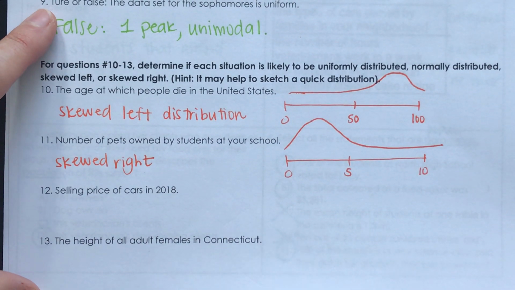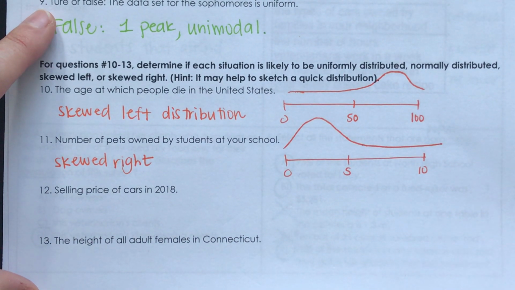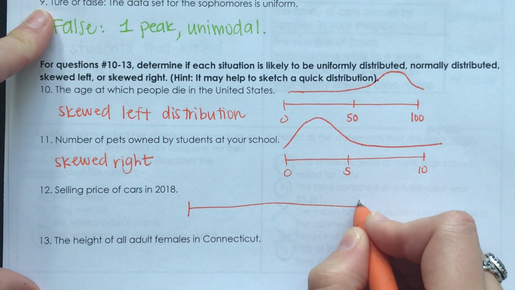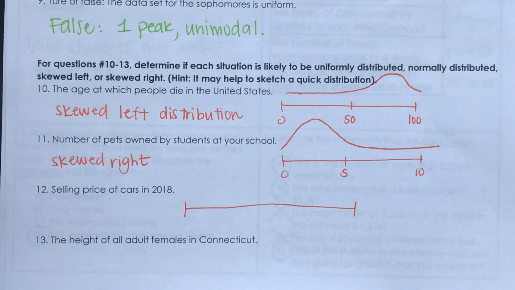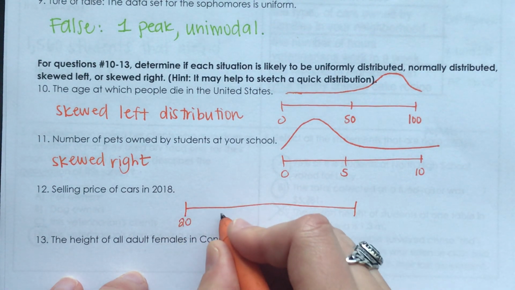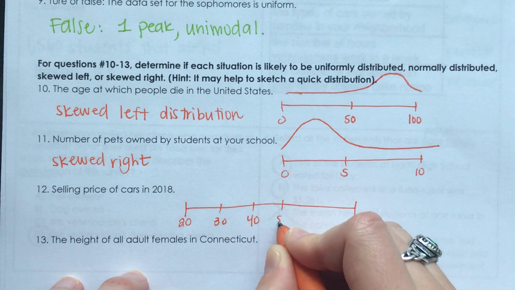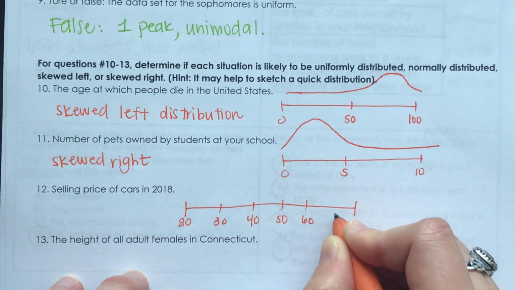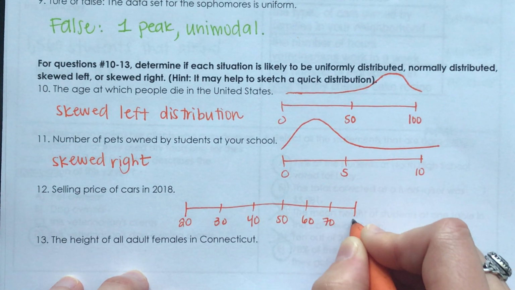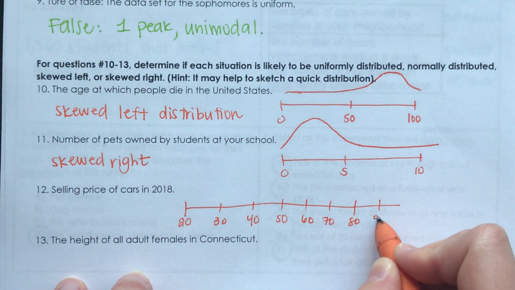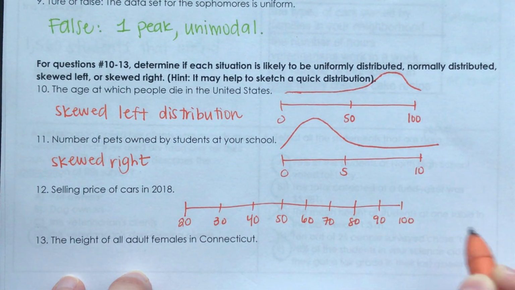All right, selling price of cars in 2018. Most cars sell between a 20 and 40 range, I would say. But remember, you've got some 70, 80, you know, you got some people who are making a bunch of money, can spend $100,000 on their car.